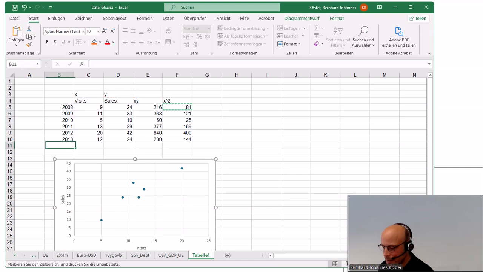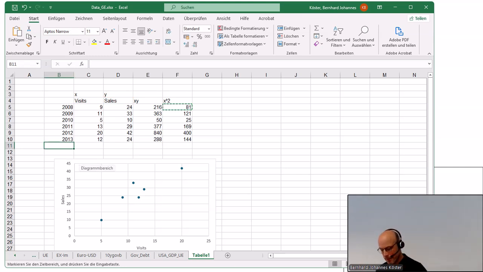And what did we need? We needed all sums of these columns.